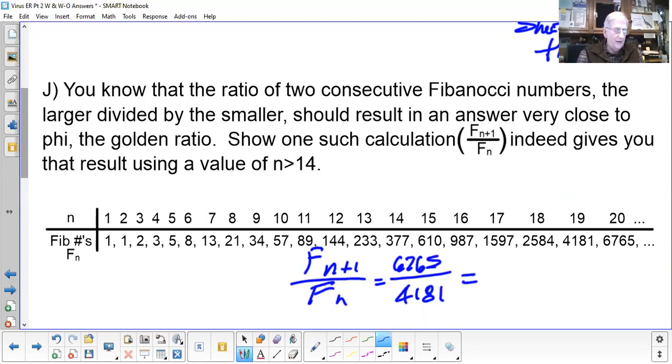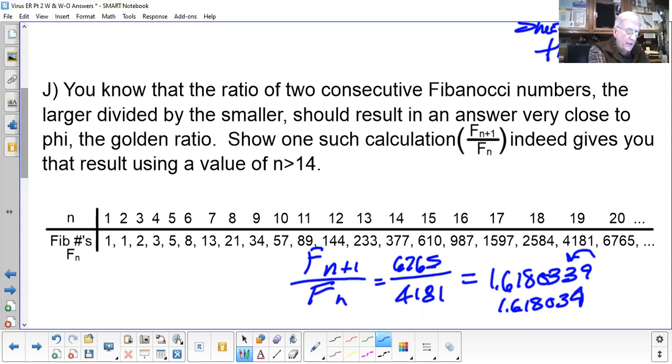So I take a calculator, 6765. I divide it by 4181. And when I do, I get 1.61803339. Rounding this off, it'll be what we use for the golden ratio, 1.618034.